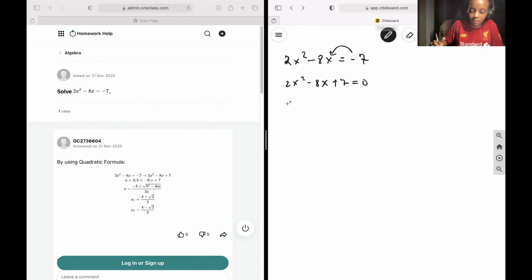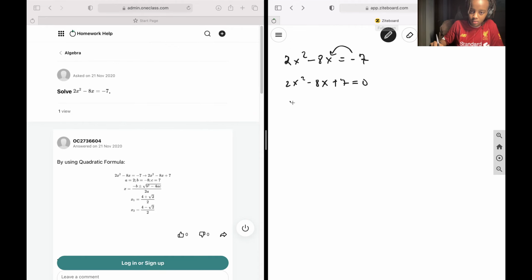And we know that for ax squared plus bx plus c is equal to 0, the quadratic formula looks like this. So negative b plus or minus root of b squared minus 4ac over 2a.